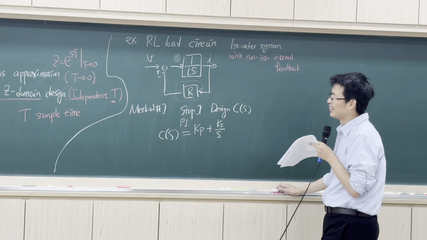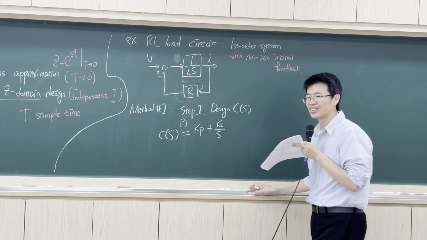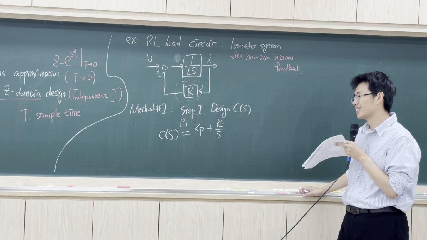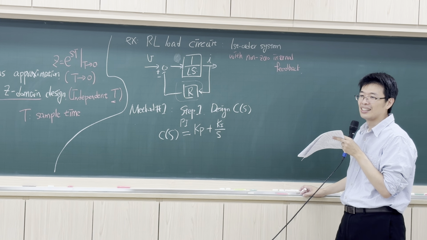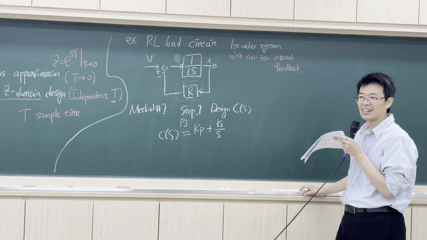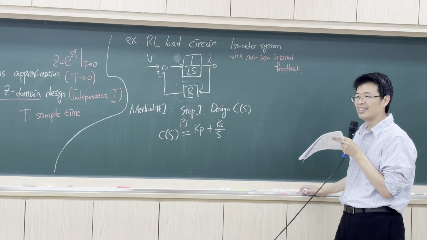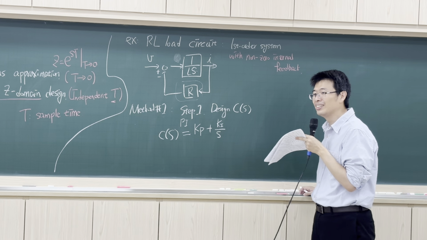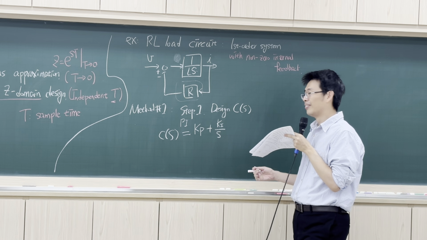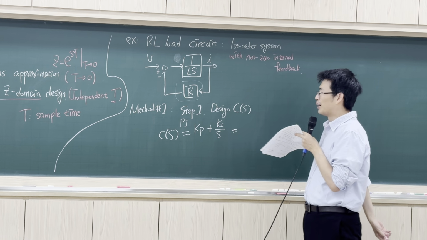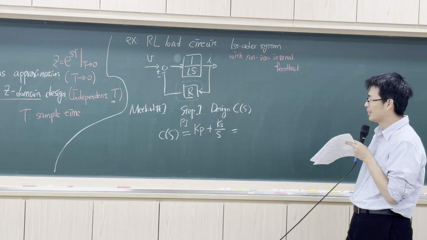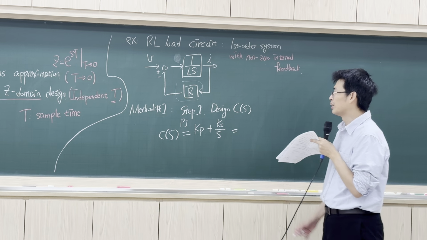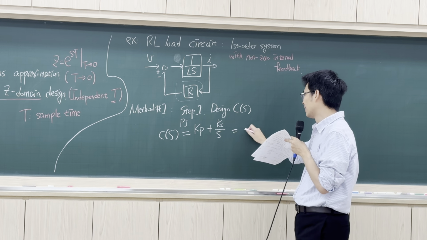The purpose for closed loop control is both to improve the steady state performance and the transient dynamic performance. For steady state, the minimum requirement is no steady state error. How about transient? Transient is related to your parameter selection, so it will have a bandwidth requirement.